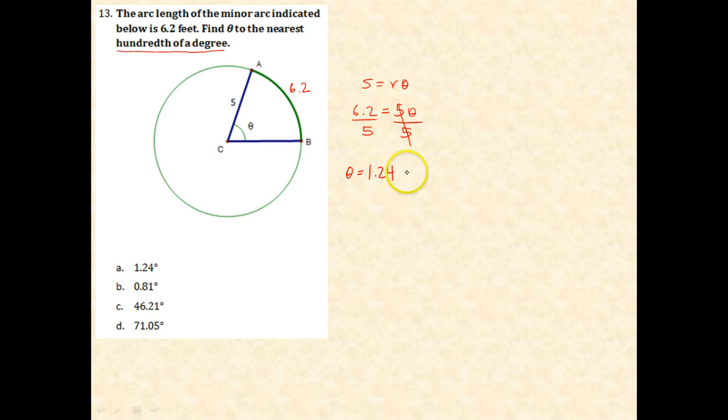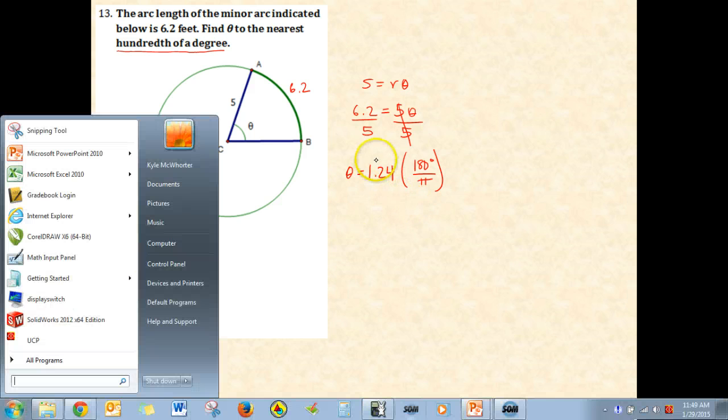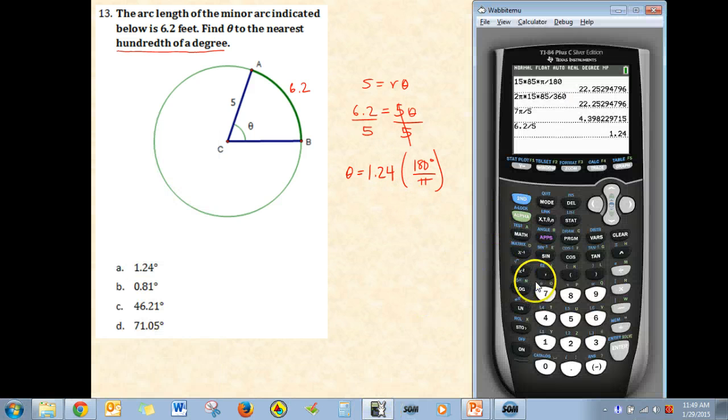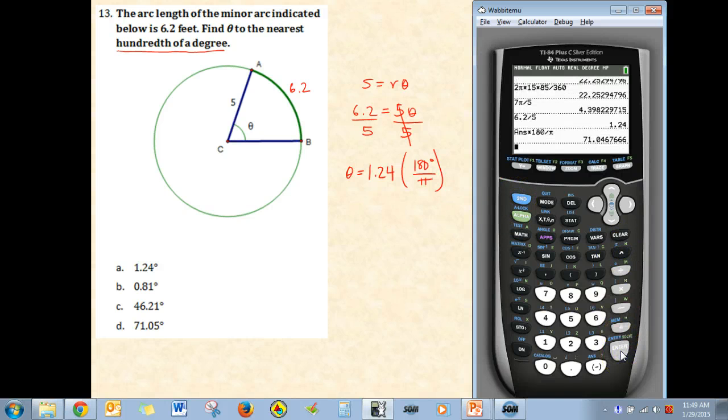But if I want to change that to degrees, I need to multiply by 180 degrees over pi radians. So times 180 degrees divided by pi radians. And we get 71.05 degrees.